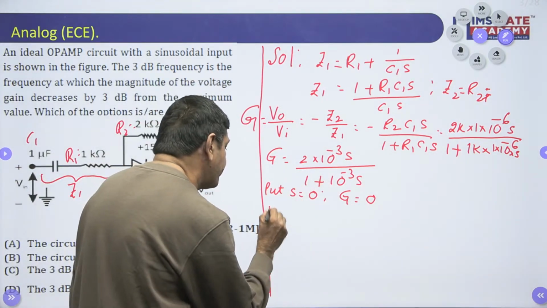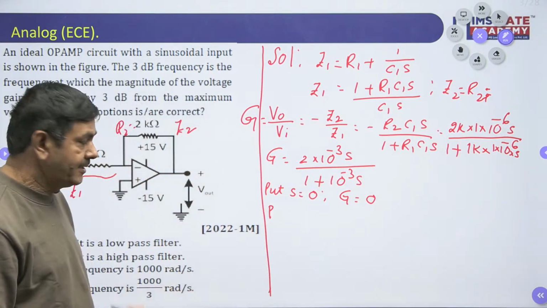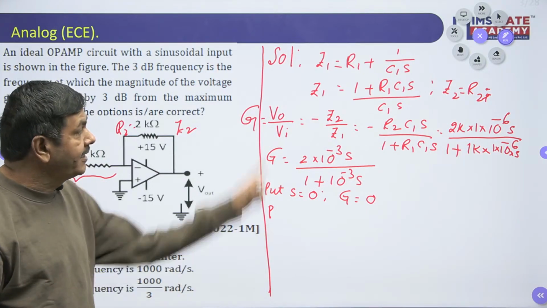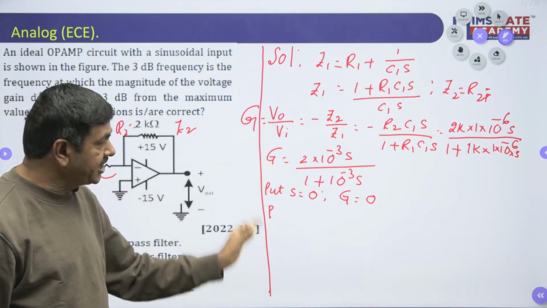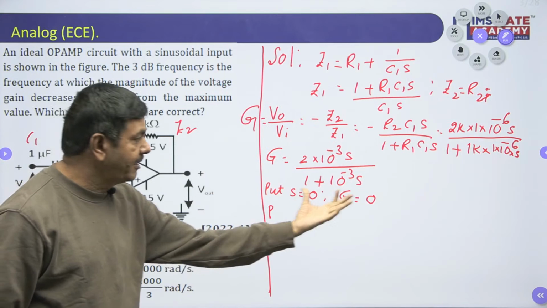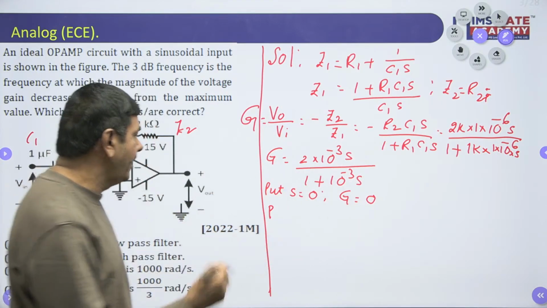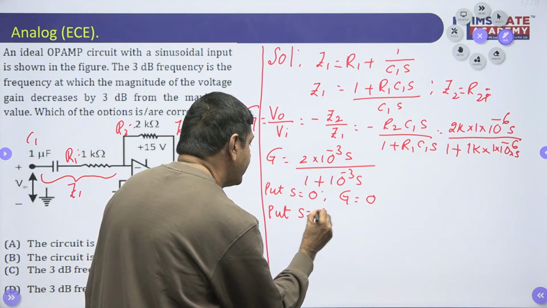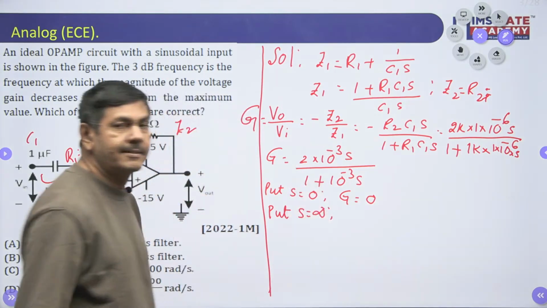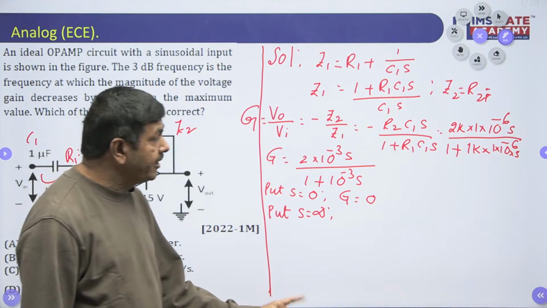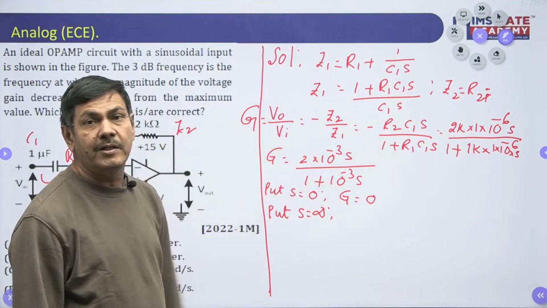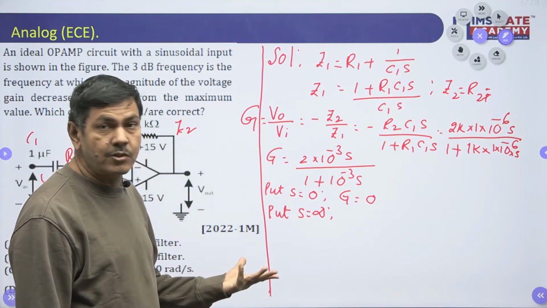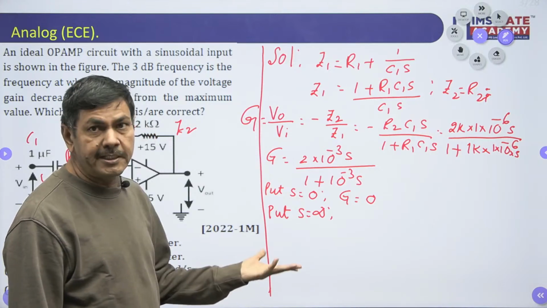To identify the type of filter for any problem, the gain is a must. Initially put S equal to 0 and find the gain. After that, put S equal to infinity, which is a must. That gives infinity by infinity, which is indeterminate.